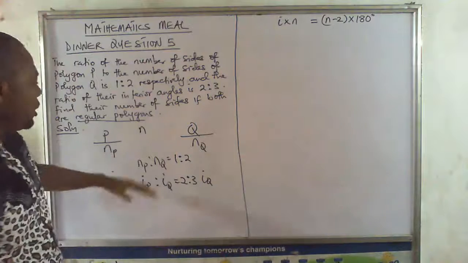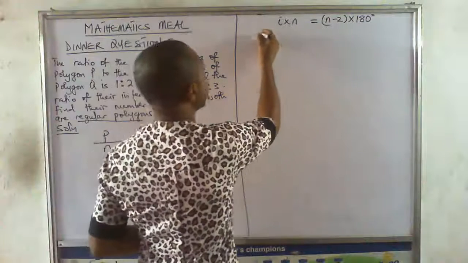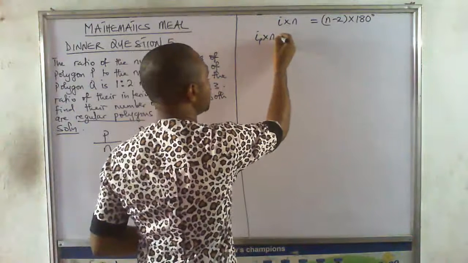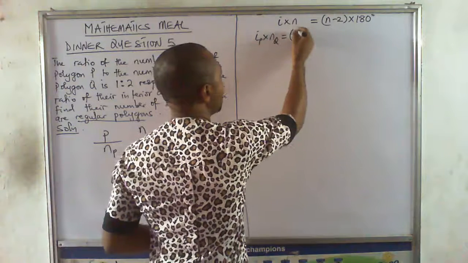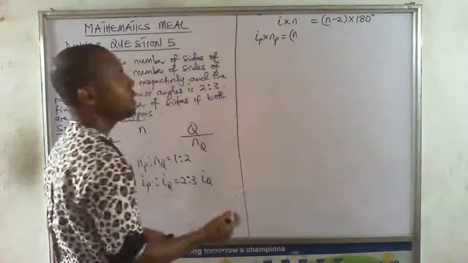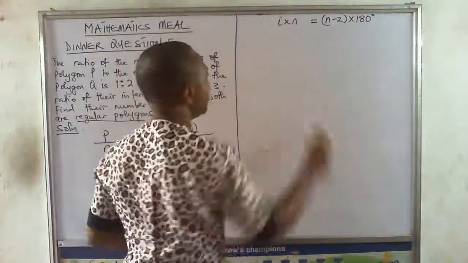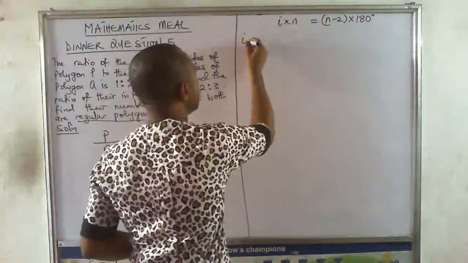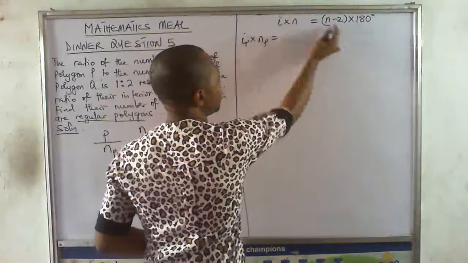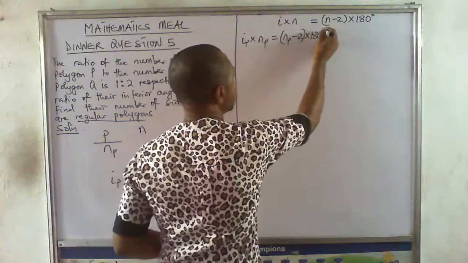So if we translate this for P and Q, we have IP times NP will give us (NP minus 2) times 180 degrees.